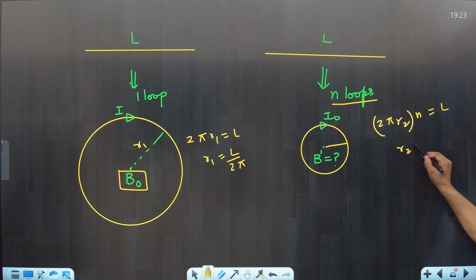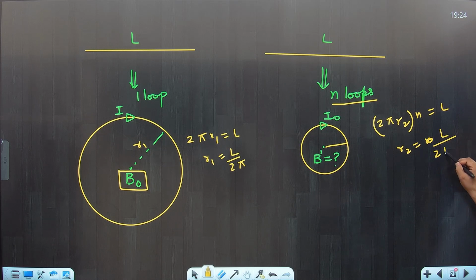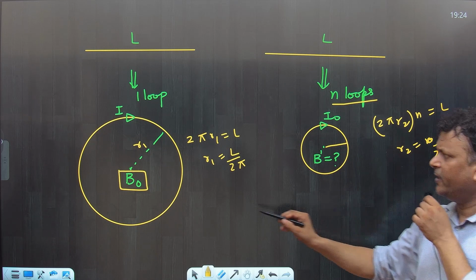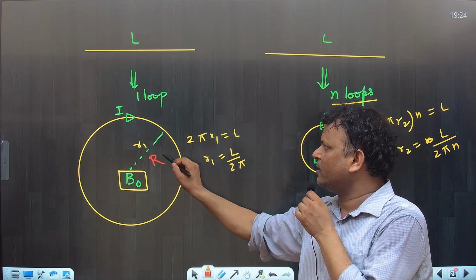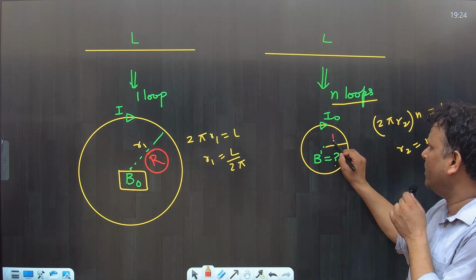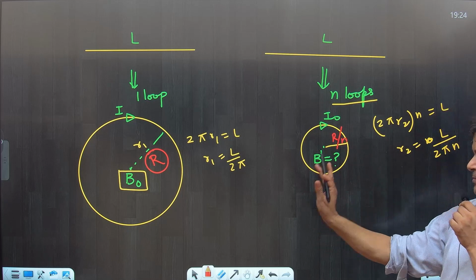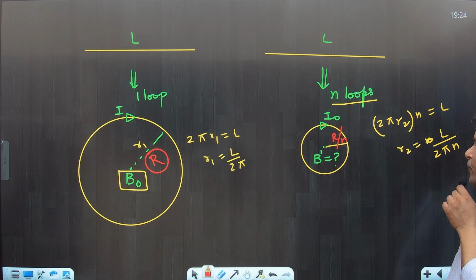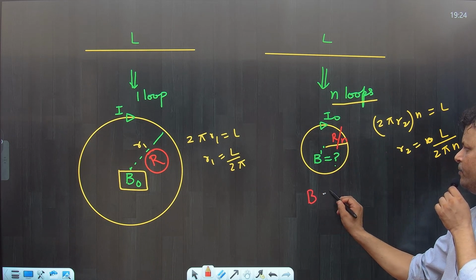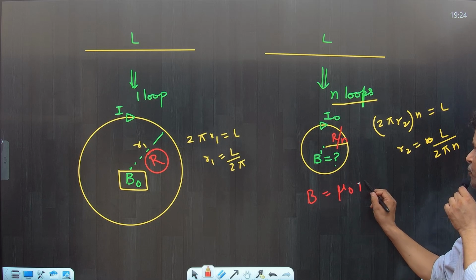So R2 is L by 2 pi n. You can say that if radius of this circle is r, then radius of this circle will be r by n. Very simple, because you have just turned it, taken n rounds more here, right? So magnetic field formula is mu naught I by 2r.